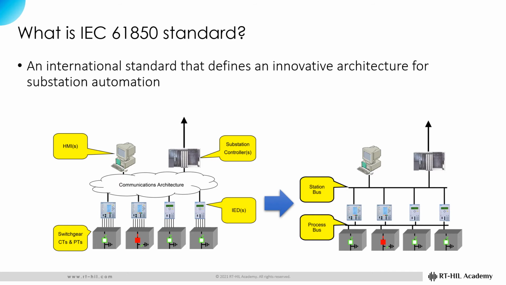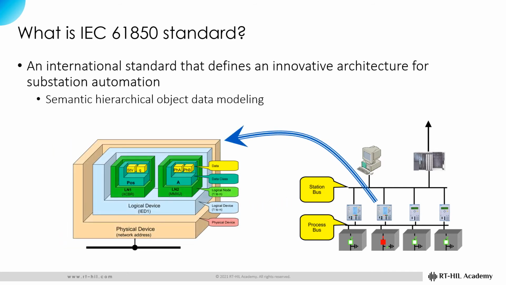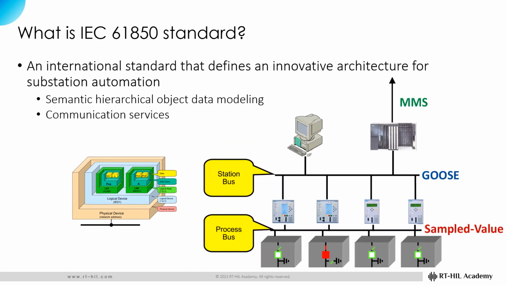The architecture is implemented by using two key enablers that are defined in the IEC 61850 standard. Semantic hierarchical object data modeling, that is used to describe the data points and the functions embedded in each intelligent electronic device or IED. And communication services, that are used to exchange information between the IEDs themselves, and also between IEDs and the higher levels in the power system management hierarchy.